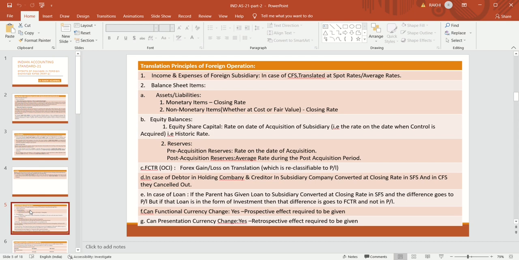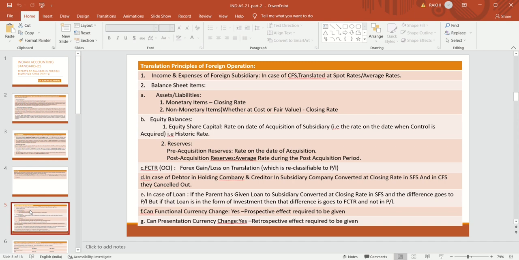We are not taking into consideration any foreign currency transaction. This is an operation which is already in dollars. The balance sheets are prepared in dollars. We are just translating those assets and liabilities, income and expenses, in order to consolidate those items in our balance sheet.